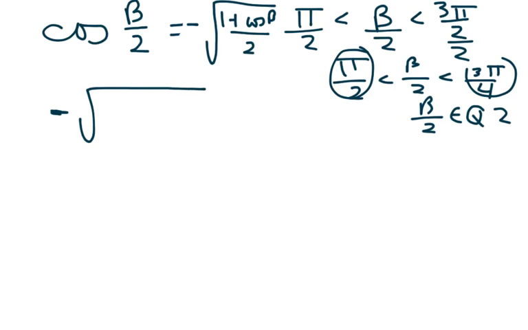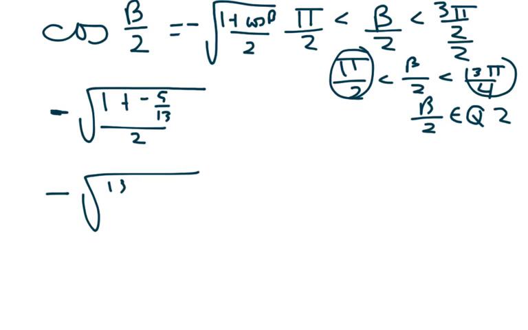And then I just fill in the formula. 1 plus cosine of beta, which is negative 5 over 13, all over 2. So we get negative square root of 1.